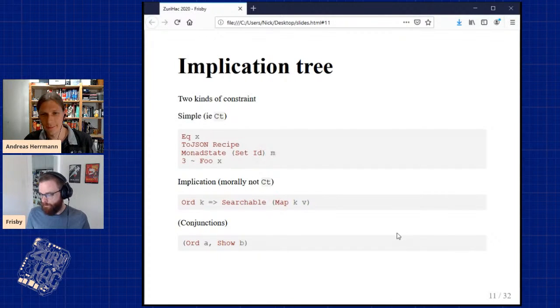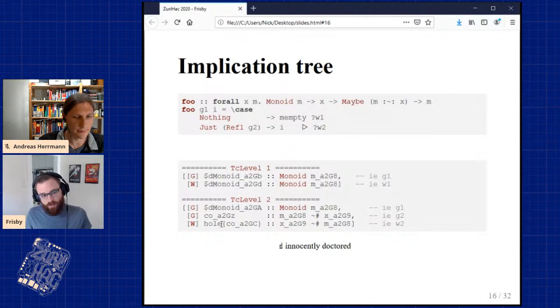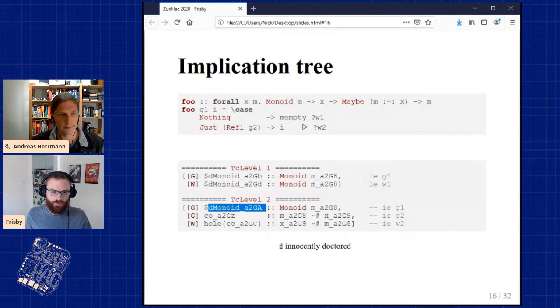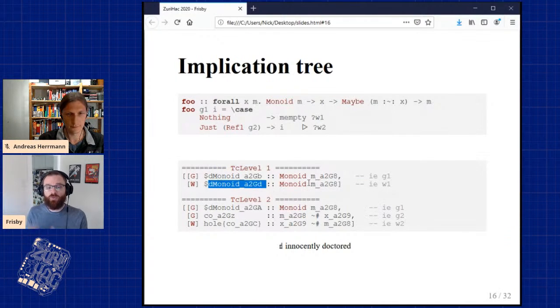Cool, thank you. On, I think it was slide 16, the question came up of how GHC determines which constraints to name hole. Yeah, I think holes are coercions that it's trying to find. Right, so in the first example here, this is the name of the evidence of the given constraint, and this is the name of what will be the evidence of the wanted constraint.